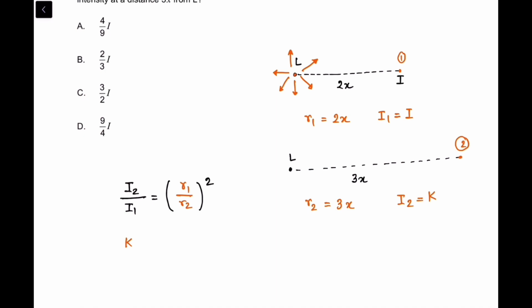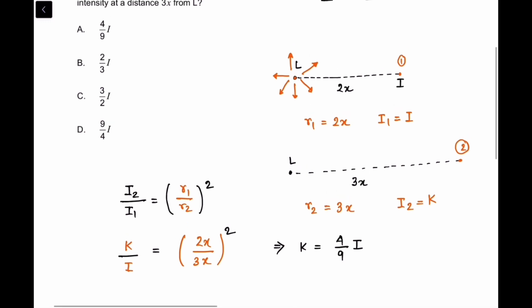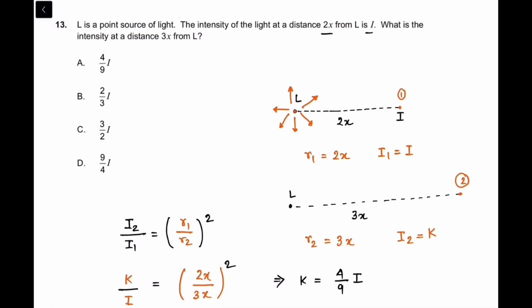I1 is given in the question as I. So R1 by R2 will be 2x by 3x, whole square. So from here K comes out to be 4 by 9 times I, right? 2 square divided by 3 square, 4 by 9. So for question number 13, option A is the correct answer.